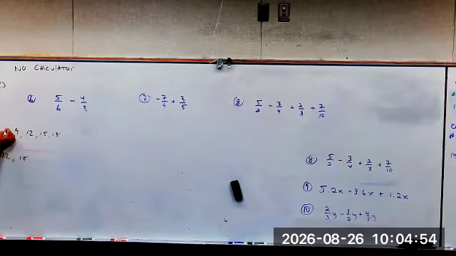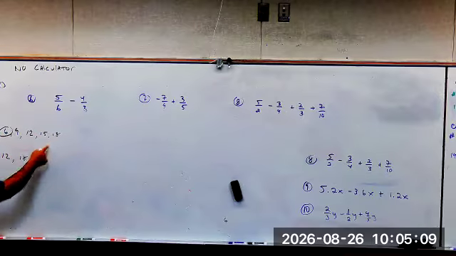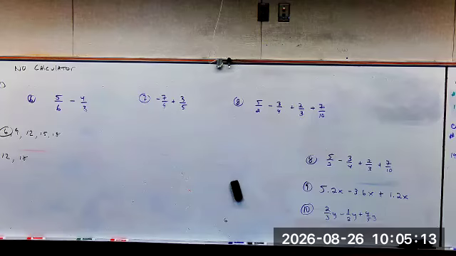Well, the first number that 3 and 6 both go into is 6. So use that one. You could use 12 because they both go into 12. You could use 18. They both go into 18. But the first one, the smallest one, is 6.